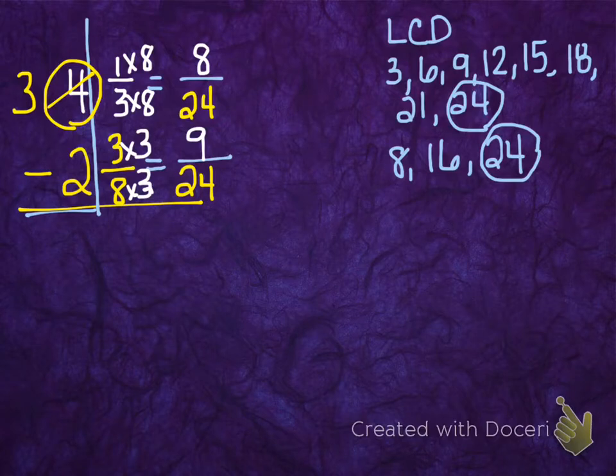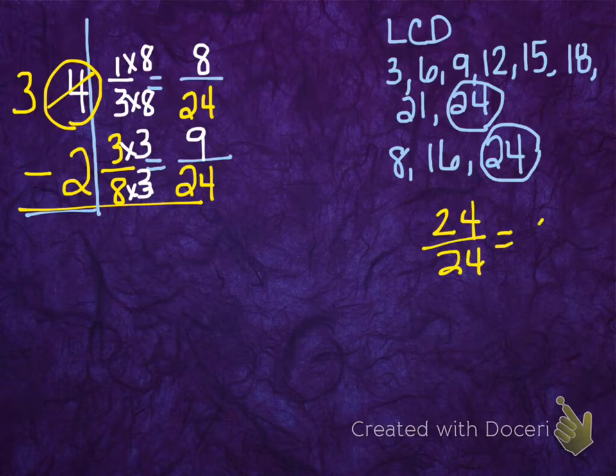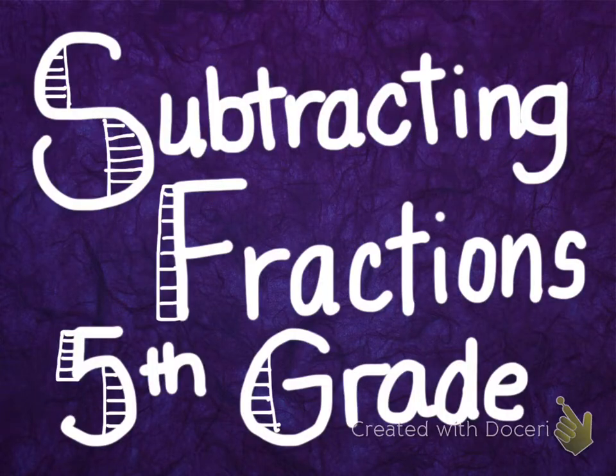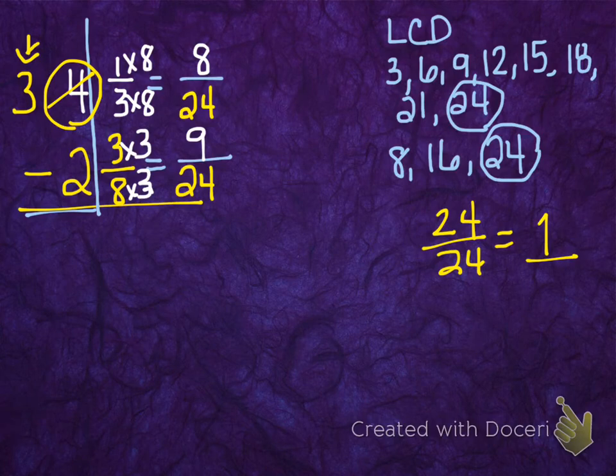And if I look at a fraction, if I write 24 over 24, that is equivalent to 1. So that's the one that I took away from here. And I'm going to give it to this fraction.